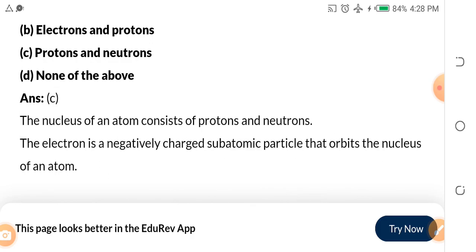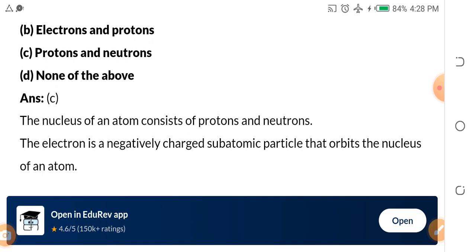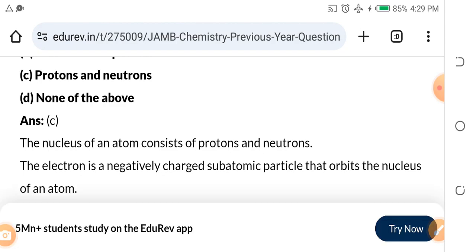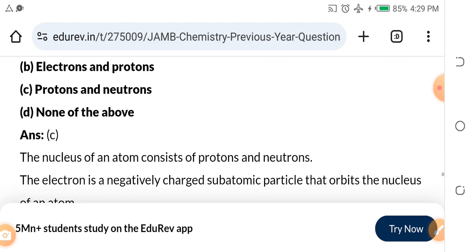The nucleus of an atom consists of protons and neutrons. The electron is a negatively charged subatomic particle that orbits the nucleus of an atom. So the electron moves around, it orbits, just like the earth moves around the sun. That's the same way the electron moves around the nucleus.